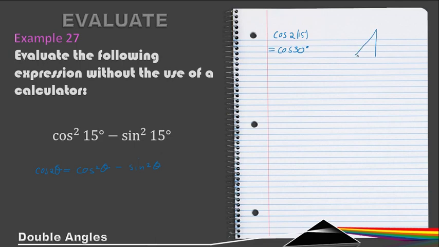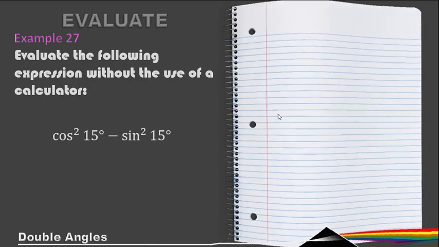I'll draw the 30-60 triangle, where the sides are 1, 2, and square root of 3, and for cos we have adjacent over hypotenuse. So from the 30-degree angle, I've got the adjacent over the hypotenuse, which gives me square root of 3 over 2.